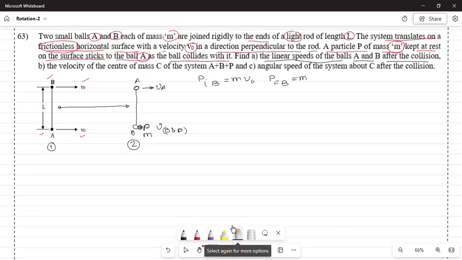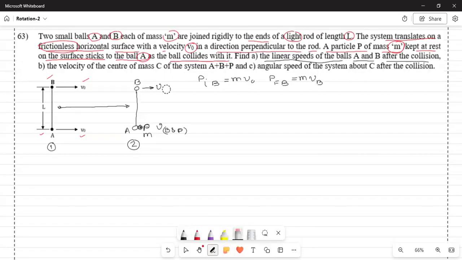I have made a small mistake here in the designations: this one was B and this ball was A. So initial momentum of B was m V0, and final momentum is mass m and its velocity VB.